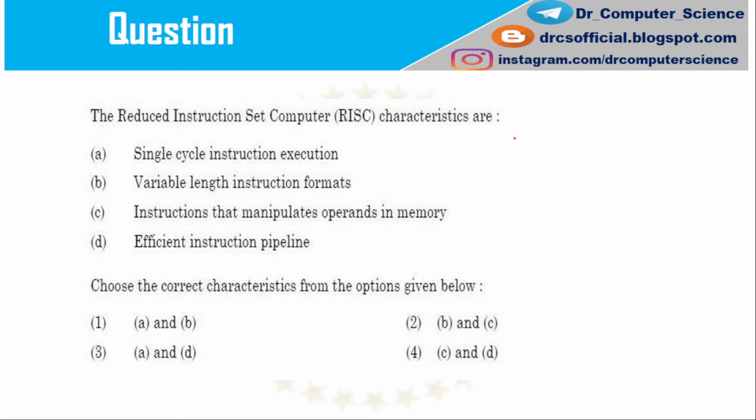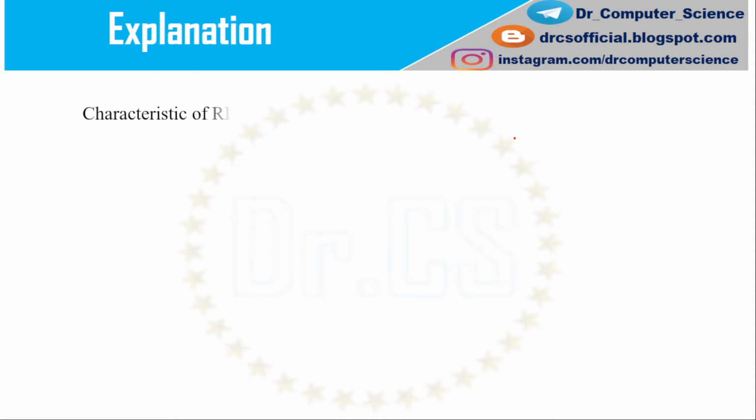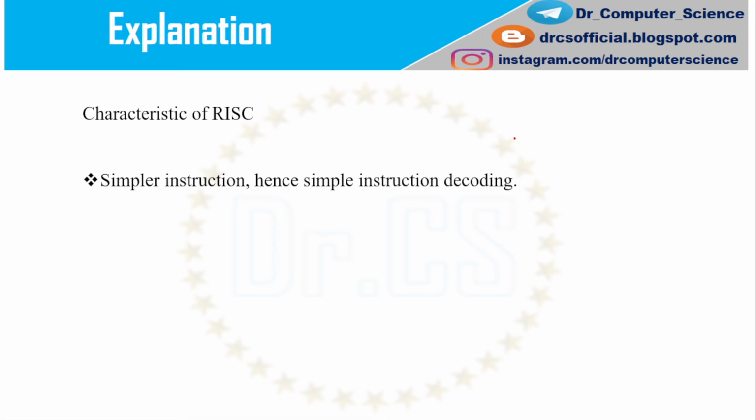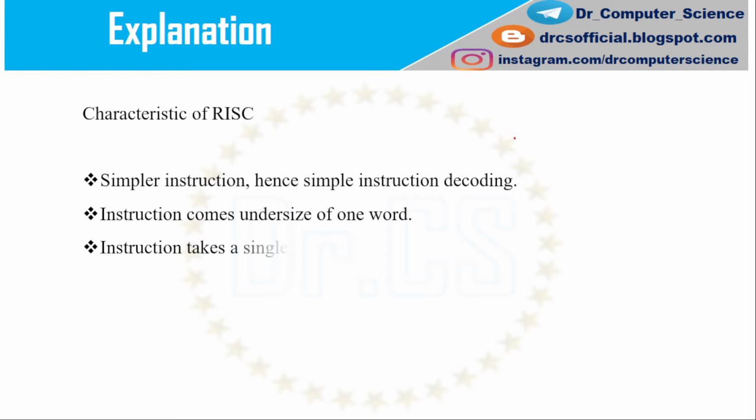Next question. The reduced instruction set computer RISC characteristics are: A, single cycle instruction execution; B, variable length instruction format; C, instructions that manipulate operands in memory; D, efficient instruction pipeline. These are the characteristics of RISC: simple instructions, hence simple instruction decoding. An instruction is of the size of one word.